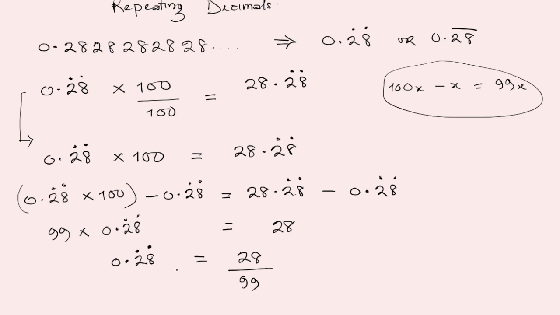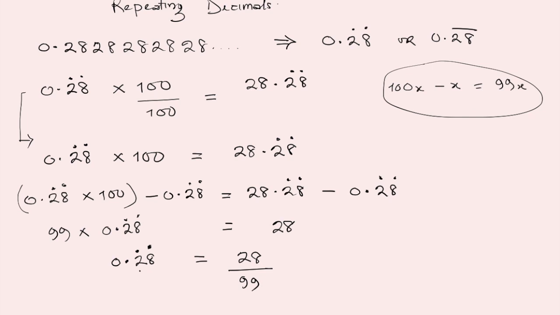What we know before is that when you're trying to convert a decimal into a fraction, you count the number of places and then divide by 1 with zeros equal to the number of places. But in this case, you count the number of repeating figures and divide by 9 repeated for the number of repeating figures.